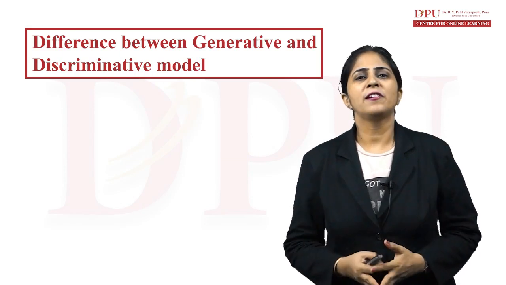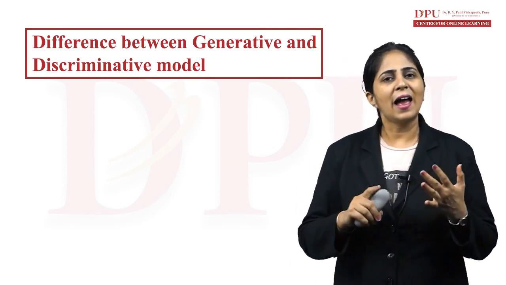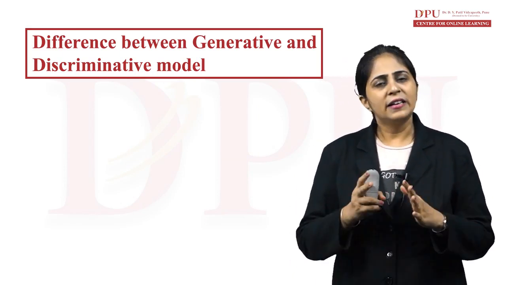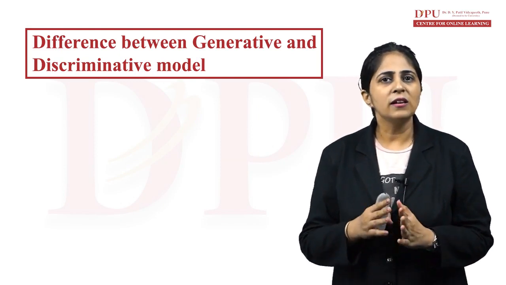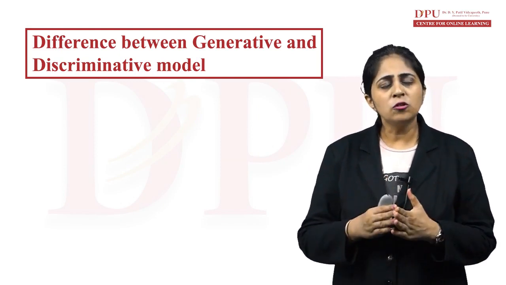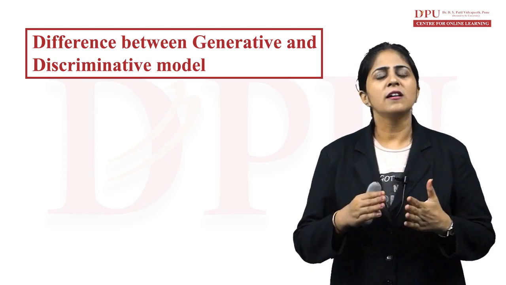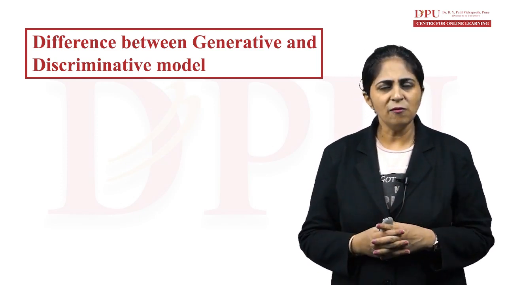Now, the basic difference between the generative model and the discriminative model. Till now, we have understood what a generative model is, so we should be able to distinguish it from the discriminative model.